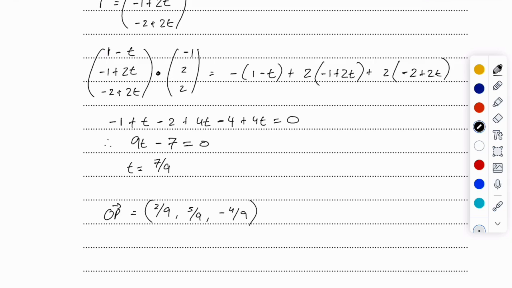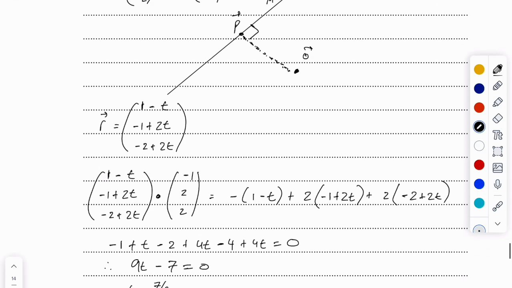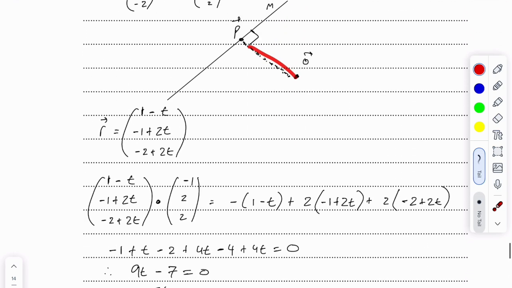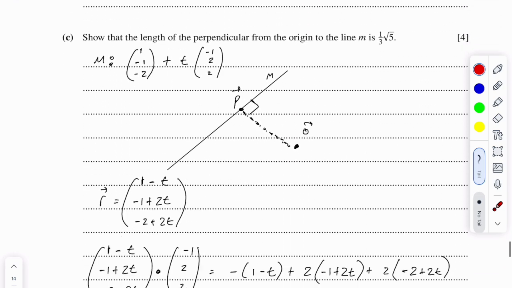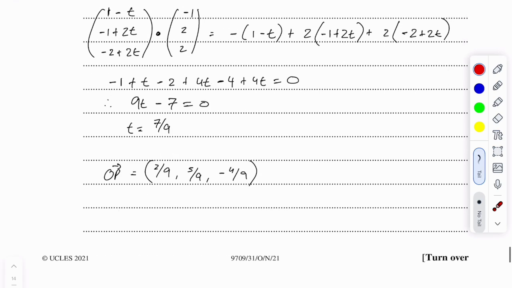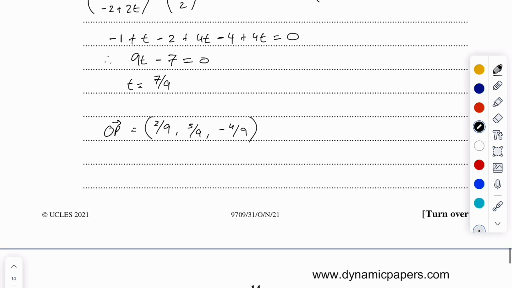And as a result, the problem now becomes this. We know what OP is. Okay, origin, right? The origin's P. We just need to find the length. The way we find length, we use magnitude.